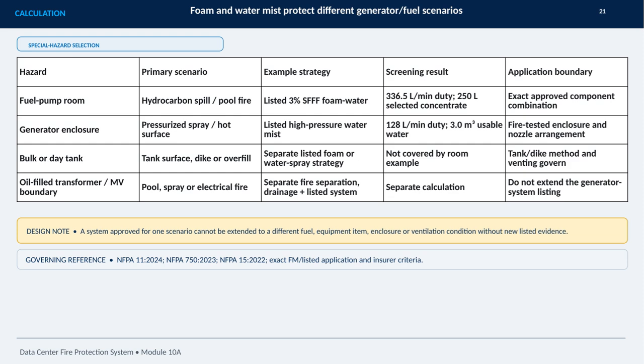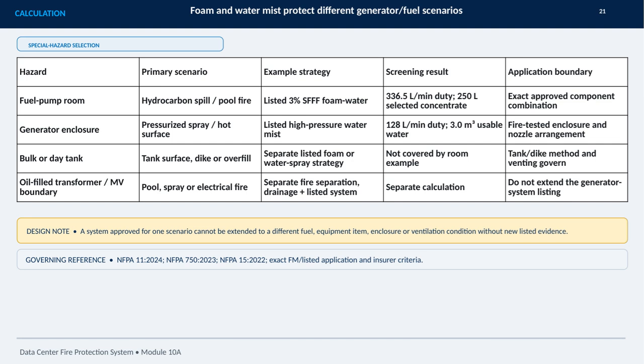The calculation indicates a 336.5 liter per minute duty, with 250 liters of selected concentrate. A generator enclosure presents a different challenge, involving pressurized spray and hot surfaces, so the example uses listed high-pressure water mist, with a 128 liter per minute duty and 3 cubic meters of usable water.